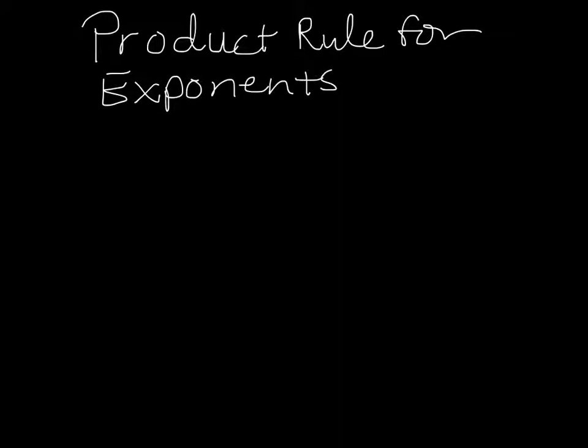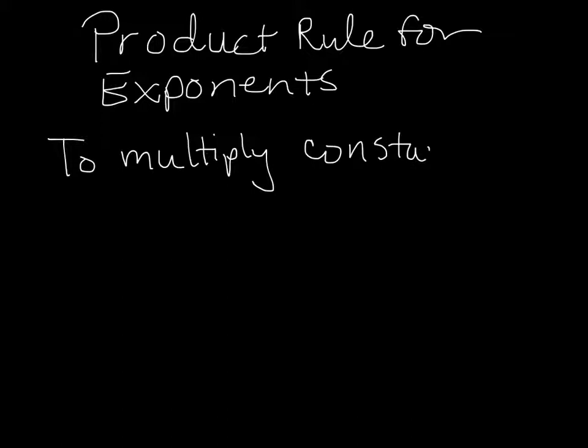So if I would write out a rule for this for you, the product rule for exponents, which is what I wrote at the beginning of this. It says to multiply constants or variables.